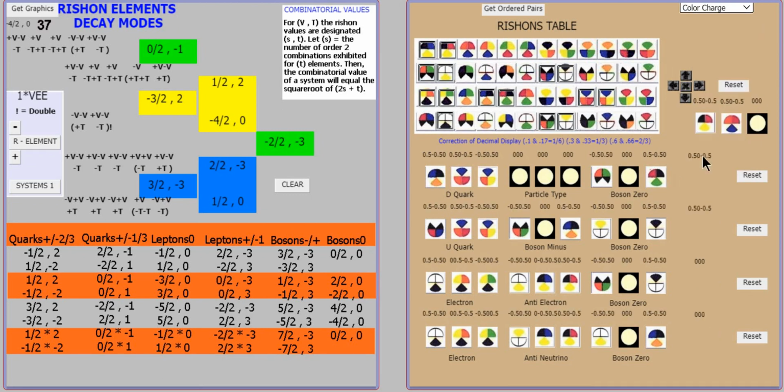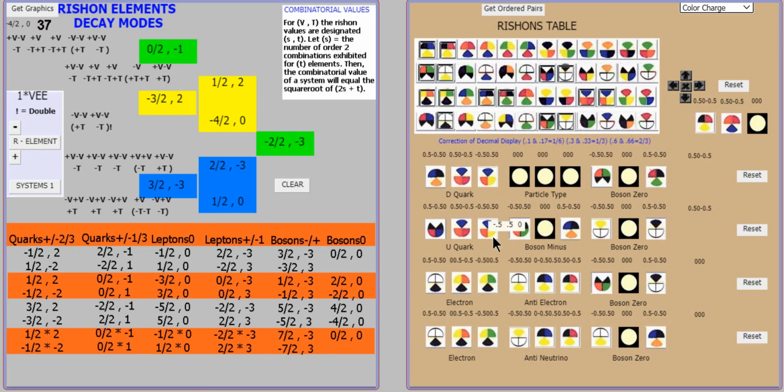Finally, color charge. We would just look at the color charge for the quarks and see that the color charges are configured as they should be, giving that for the D quark, we should have a color charge of either red, blue, or yellow. In this case, it's red because the purple anti-T alter-relating Rishon color charge is canceled by the yellow anti-V.